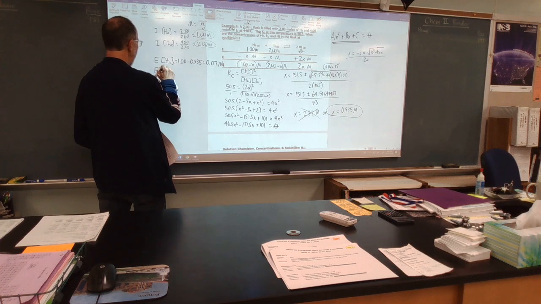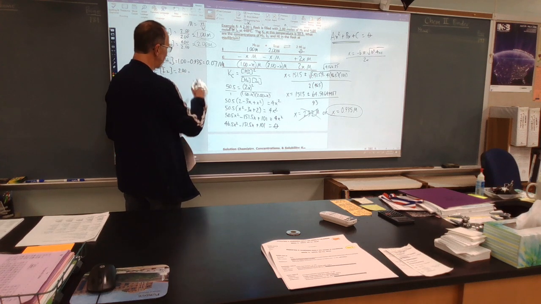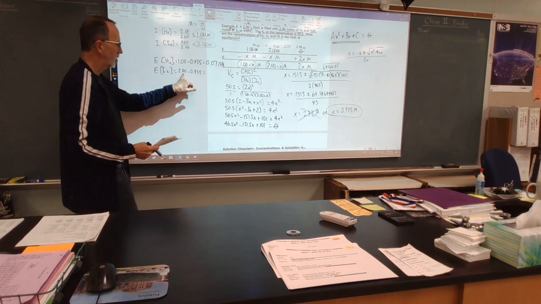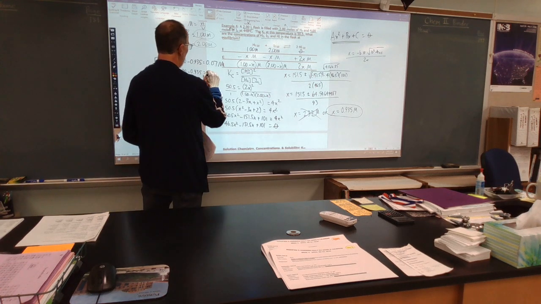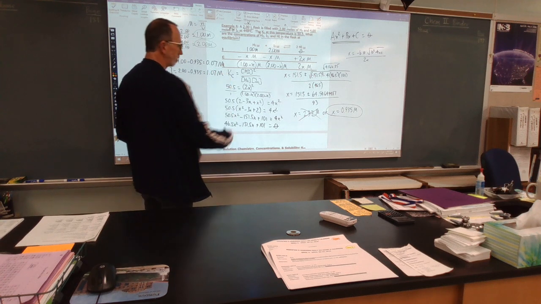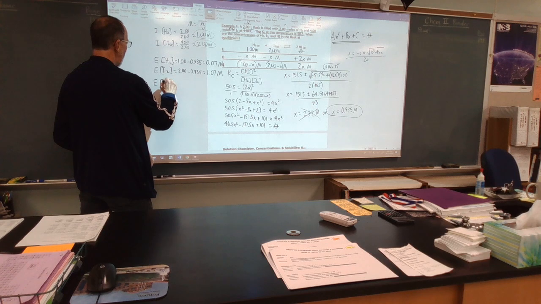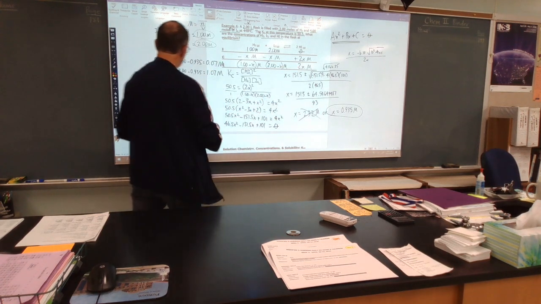Our equilibrium iodine concentration. This is 2.00 minus X. Again, X is 0.935. Here again, 2 decimals, 3 decimals. Our answer must have 2 decimals, 1.07 molar. And our equilibrium hydrogen iodide concentration is 2X.